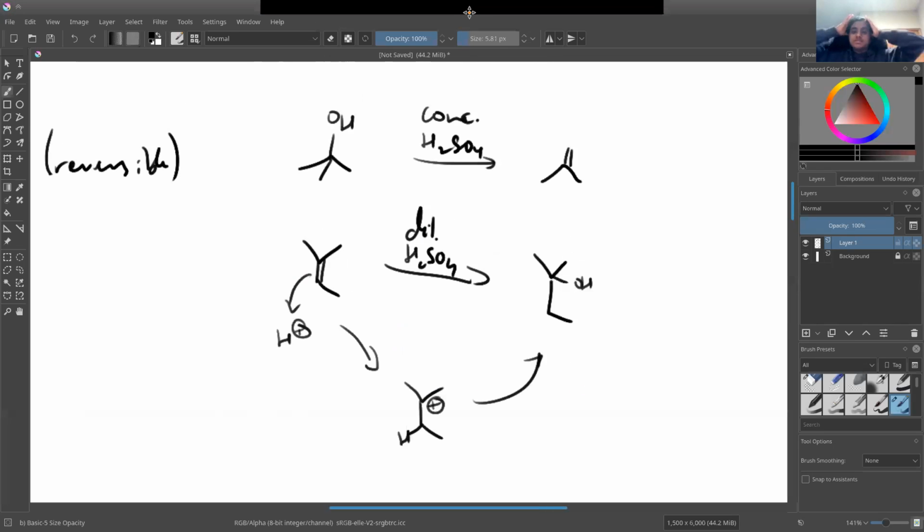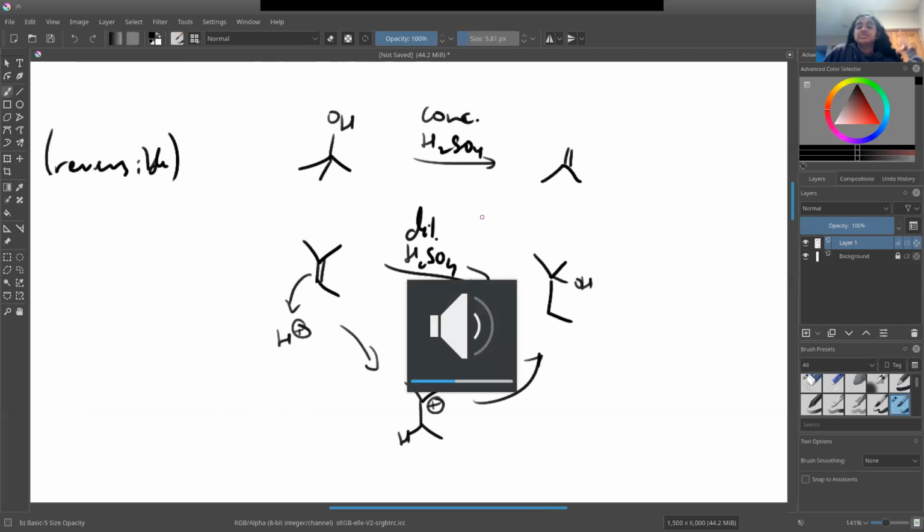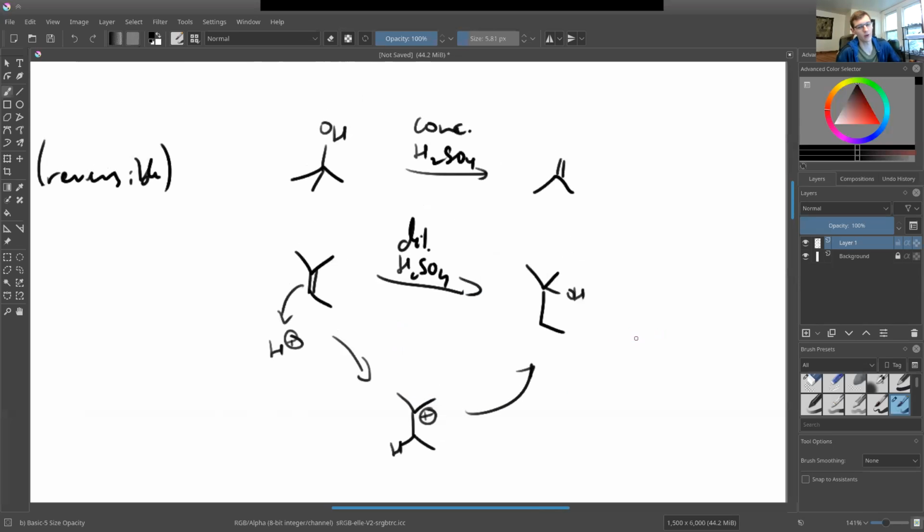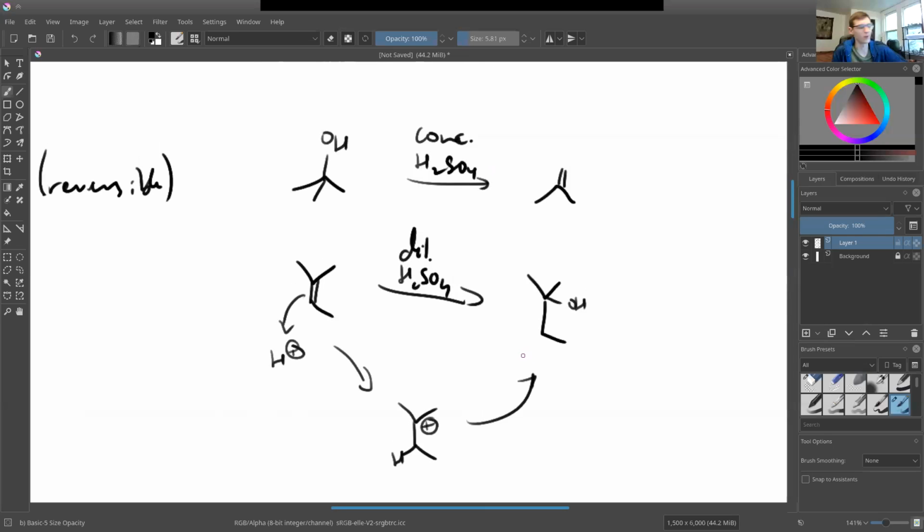Does it have to specify dilute, or can it just say H2SO4? I haven't seen a situation where they don't specify it. I think they usually will. Although they always like to mix things up, so it's possible that they wouldn't specify it.